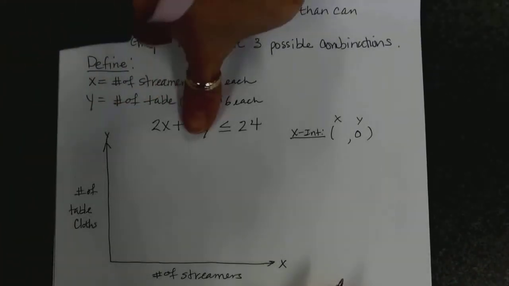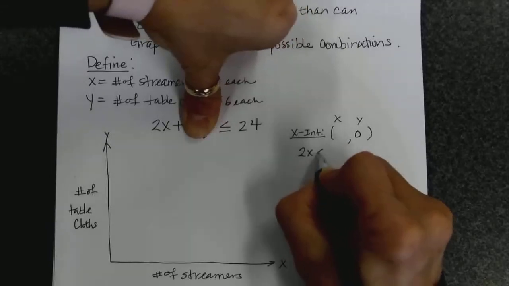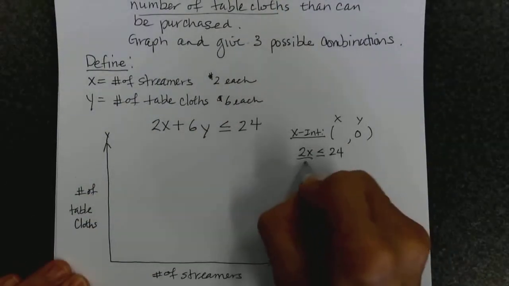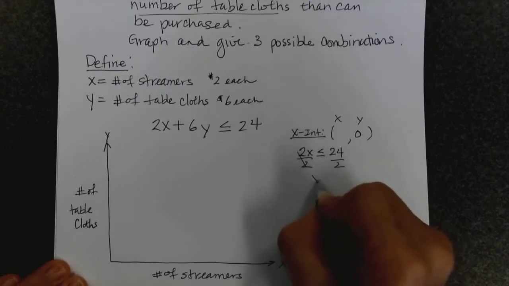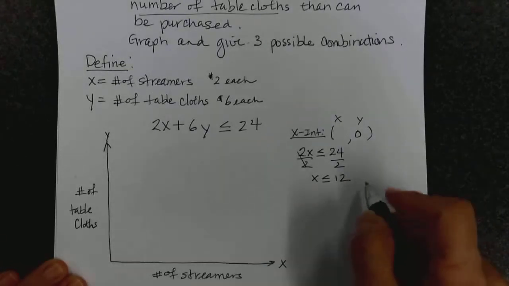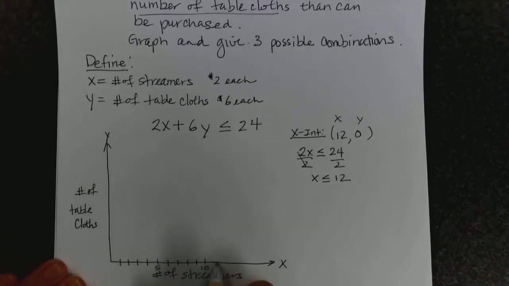So when we set y equal to 0, the 6y goes away. So what we end up with is 2x is less than or equal to 24. So then we solve for x. We're going to divide by 2, divide by 2. x is less than or equal to 12. So we're going to locate this point at 12, 0. 1, 2, 3, 4, 5, 6, 7, 8, 9, 10, 11, 12. There's my 12. 12, 0 is right here.